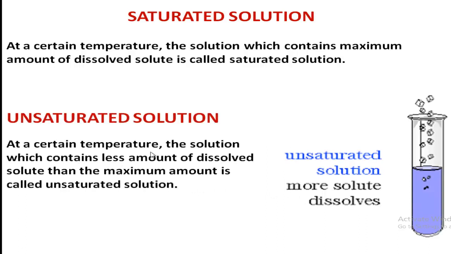At a certain temperature, the solution which contains less dissolved solute than the maximum amount is called an unsaturated solution. That means when the solution dissolves the maximum amount, it is called a saturated solution. But when the amount is less than the maximum, it is called an unsaturated solution.